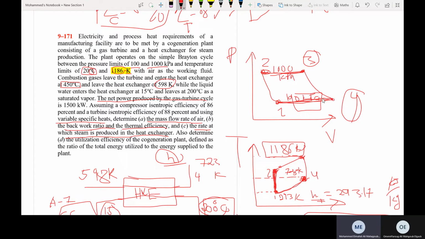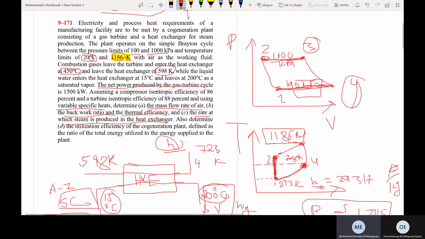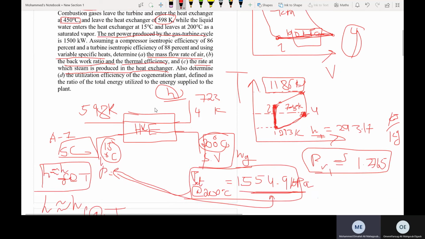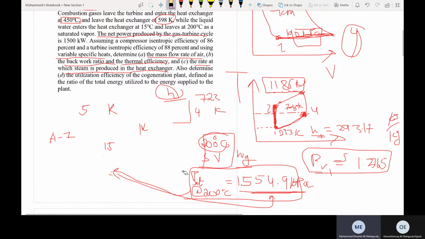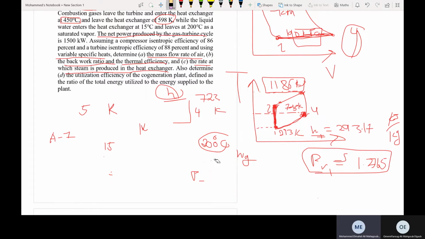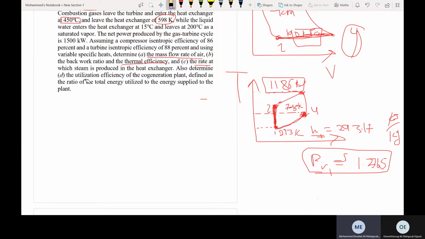But sometimes we don't care about how this point is cooled, so we don't use the heat exchanger. It's not even used in the calculation of the efficiency. It's used if you want to calculate the mass flow rate of the fluid that's going there. So it's just an additional problem to the actual problem, but it doesn't need to be solved in order to solve the main cycle problem. Just a side thing to calculate.